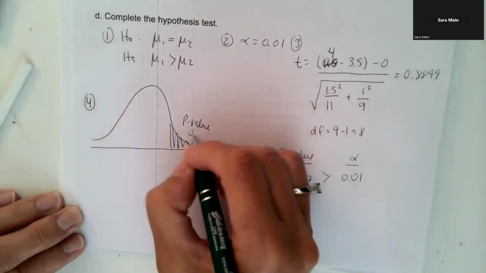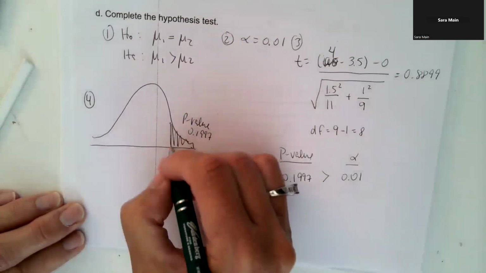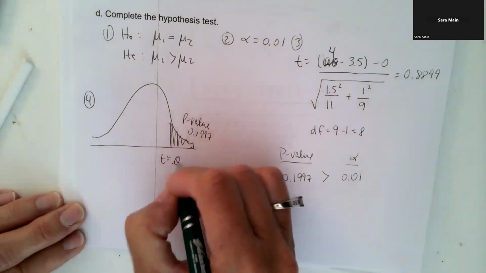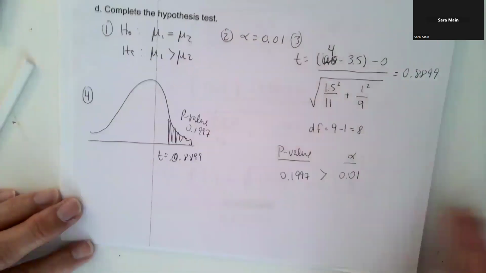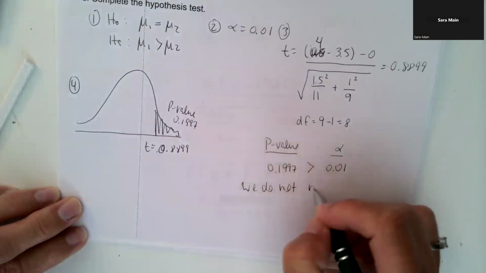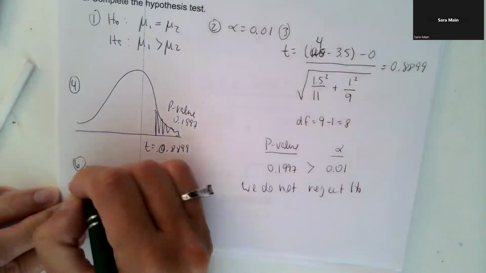P-value is here, 0.1997. And we're testing this test statistic. Okay, so we do not reject H0.